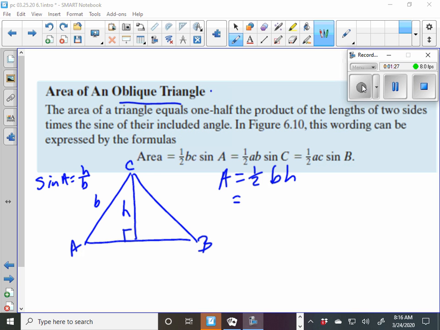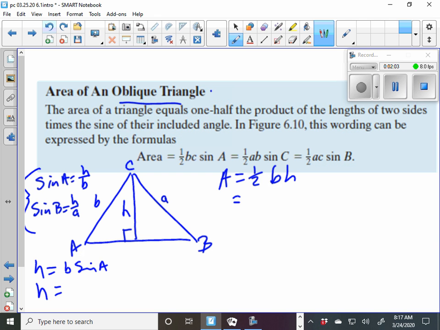And then if we come from this side, this is lowercase a, we've got the sine of B equals H over A. And notice that if we solve for H in both these equations, we get H equals B sine A, or H equals A sine B.